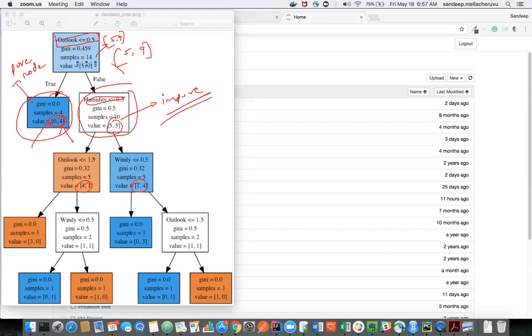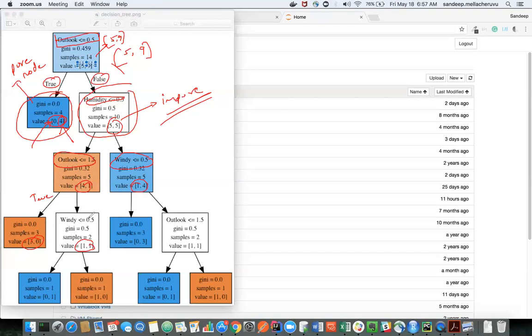Because of that, in this branch I split by outlook, and in this branch I split by windy. When I split by outlook, on the left side, which is true, you should always follow this convention. When it is true, you got a pure node here, but when it is false, you are again getting an impure node.